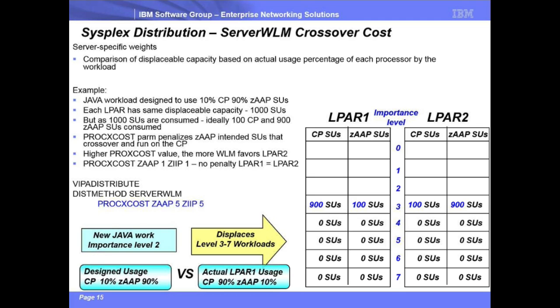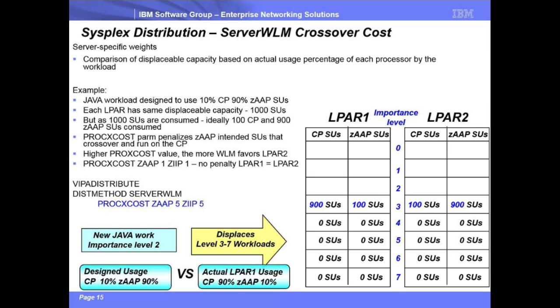Crossover cost is when you want to have an application use, say, a lot of zAAP processing power, but that zAAP processing power or those service units aren't available, and as a result, instead of using a zAAP service unit, you end up having to use the general processor in its place.